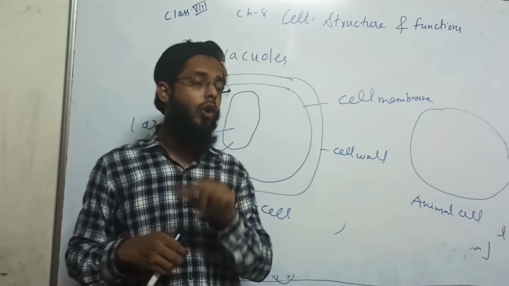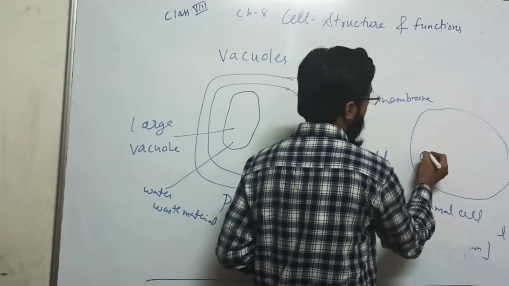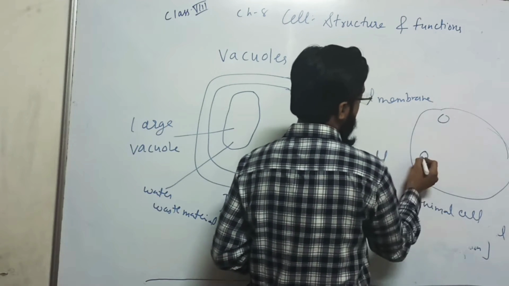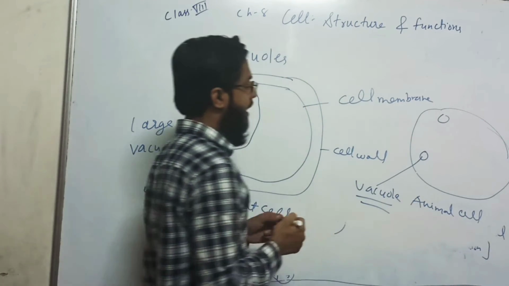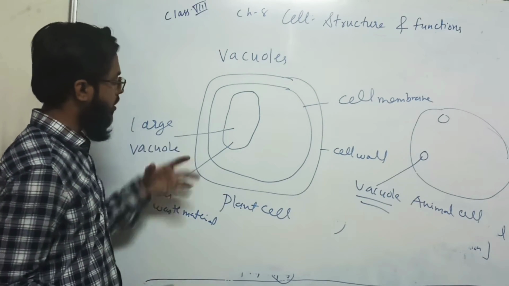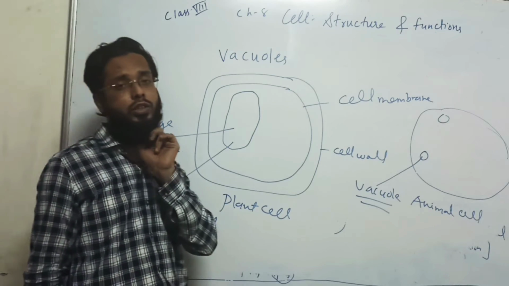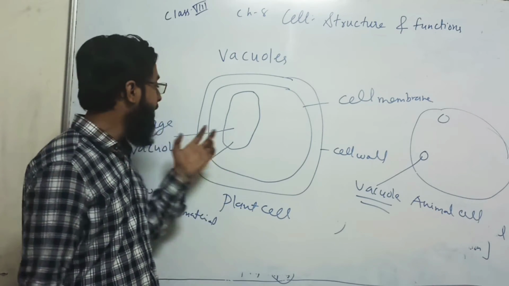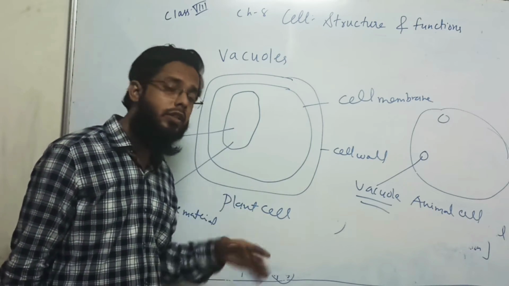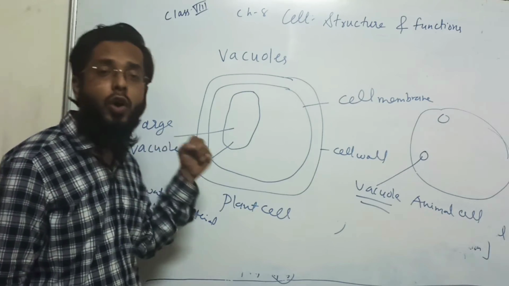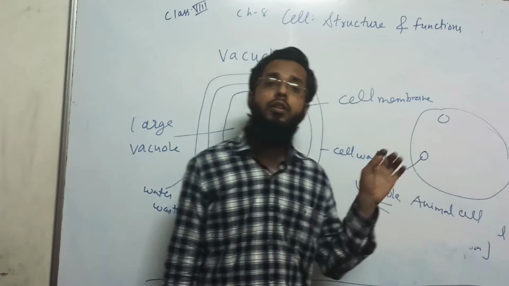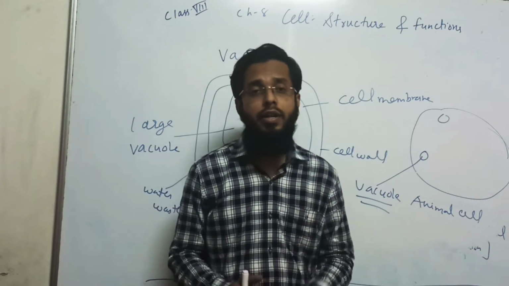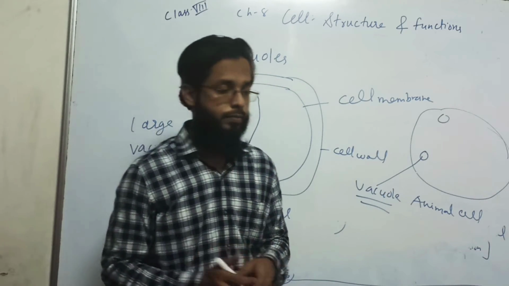But they are very small. So a vacuole is like a large storage area where water, waste material, glycogen, and other different things are stored. Large vacuoles are found in plants. In animal cells, vacuoles are usually absent, and if present, they are very small.